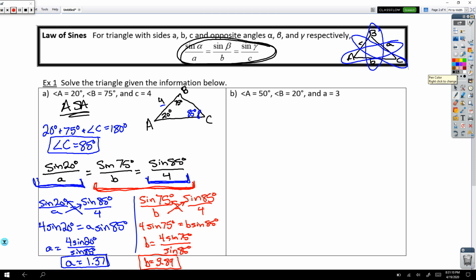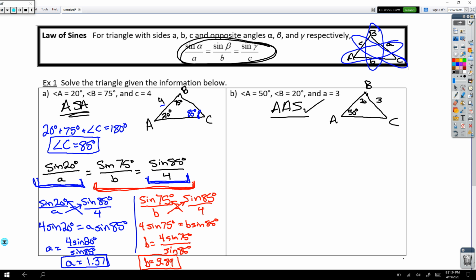Alright, so first things first, let's set up our triangle. So A is 50 degrees, B is 20, and then side A is 3. I don't know what C is. So this is angle, angle, side, or AAS.